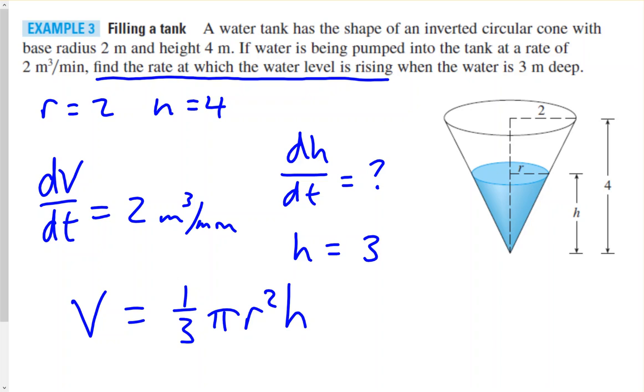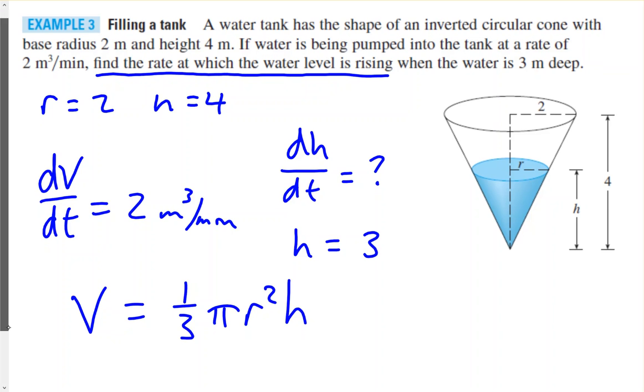Now one of the problems with this formula is we have r squared and h, and there's going to be like a product rule situation there. That's going to get a little complicated. So in order to simplify things, we're going to tie in the r with the h, so that maybe we could write this in terms of either all r's or all h's.